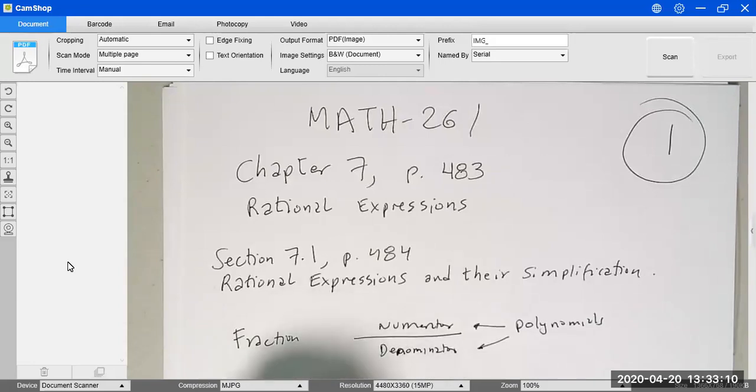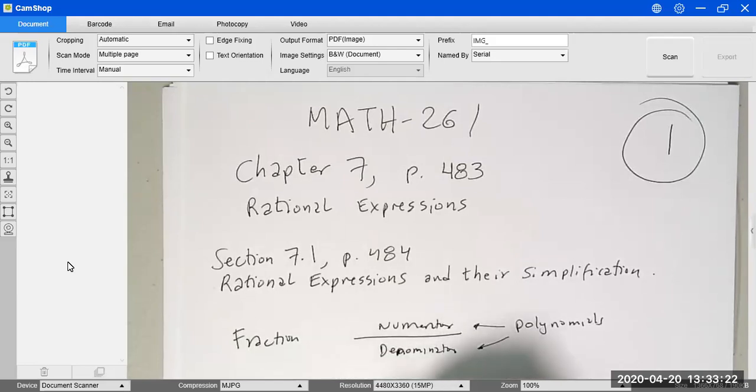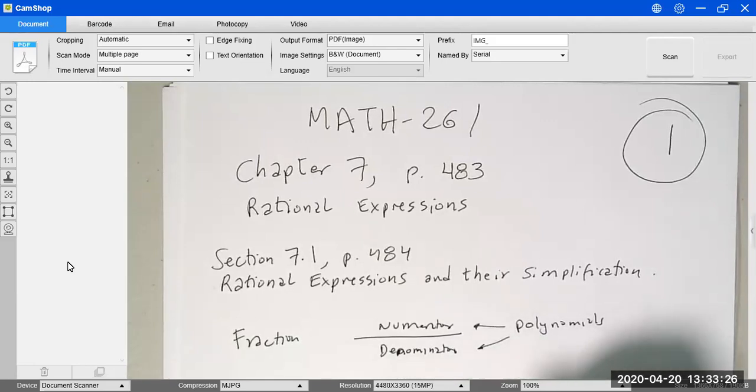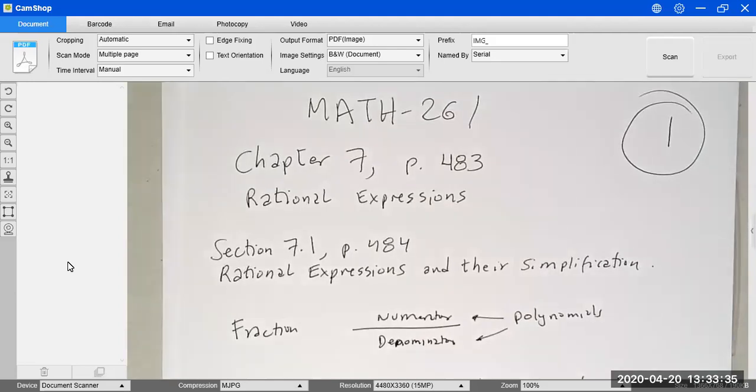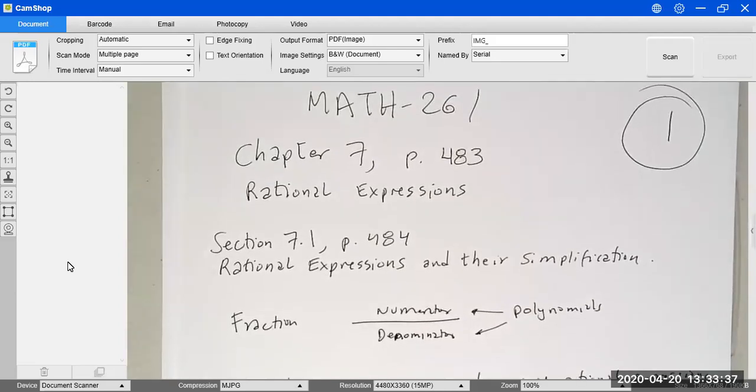So the first thing that we're going to learn is that there are some restrictions. So we're going to find restrictions for the domain of rational expressions. So I'm using the terminology that you're going to see later when you continue with your algebra preparation the next semester or after.